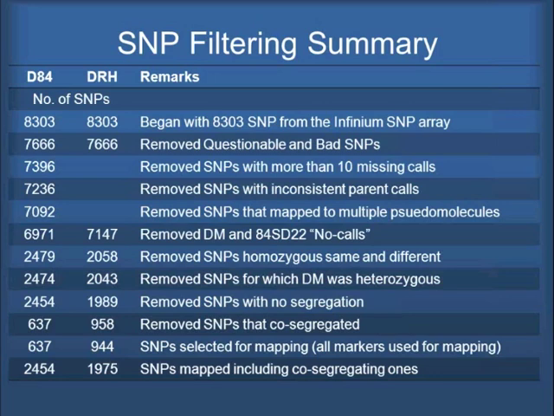So the question is, what's the rationale to remove the co-segregating SNPs? For the simplicity of running JoinMap, they're going to choose one for each recombination bin, so we don't need to have all of the SNPs that map to the same spot.